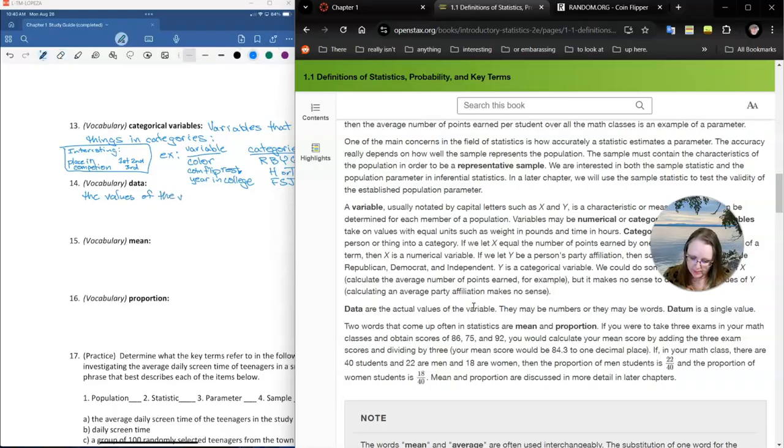And make a note too, they say here in the textbook, datum is a single value.